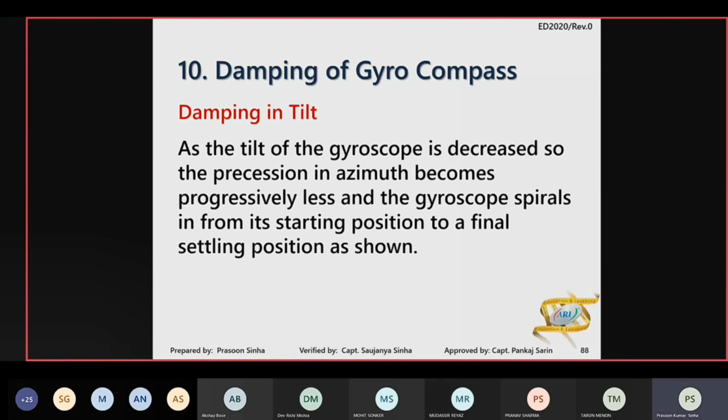As the tilting is gradually reduced, the control precession being applied is becoming less and less, and so the amplitude of oscillations becomes less and less. Finally, it will settle down at a given point.